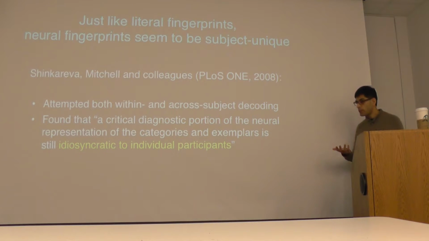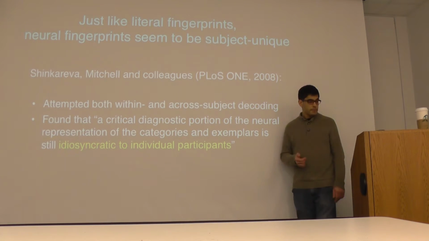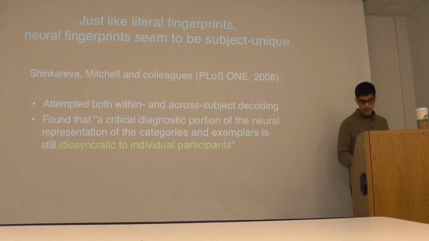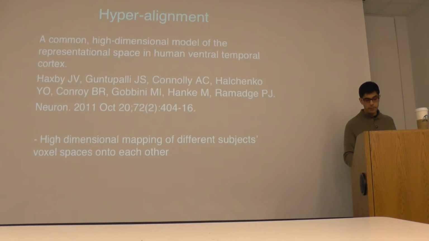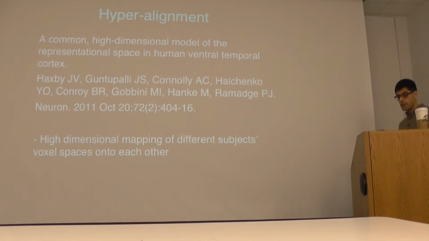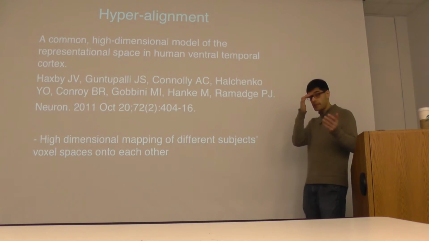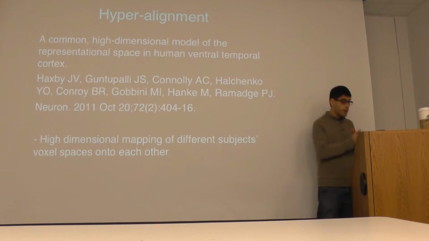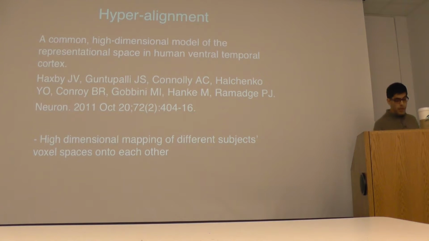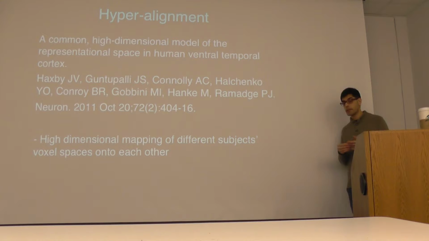So there have been different attempts to look at this. One very important attempt, which I encourage you to go look at, though I didn't post it as a reading, is this paper by Jim Haxby and colleagues on what they call hyperalignment. You'll recall that Haxby kicked off this entire area of pattern-based neural decoding in his 2001 Science paper.